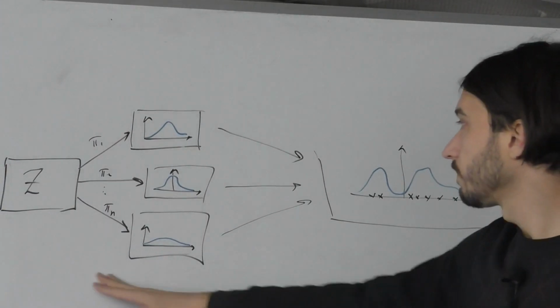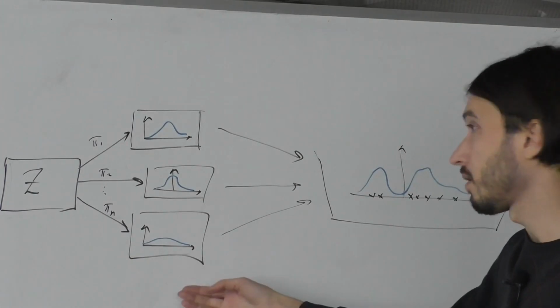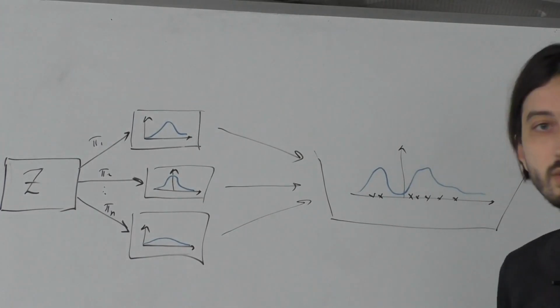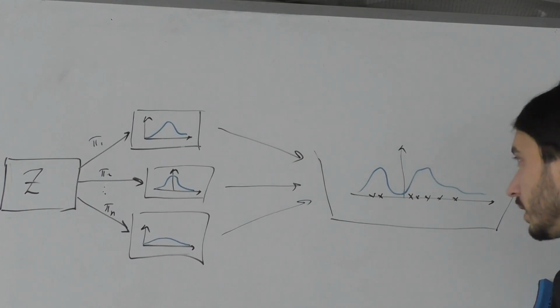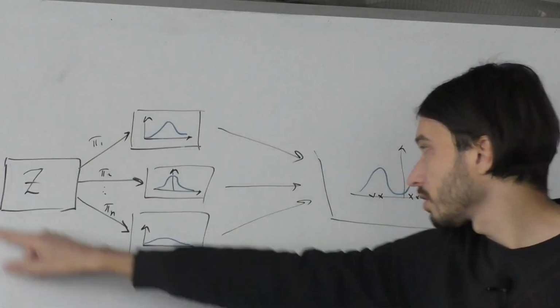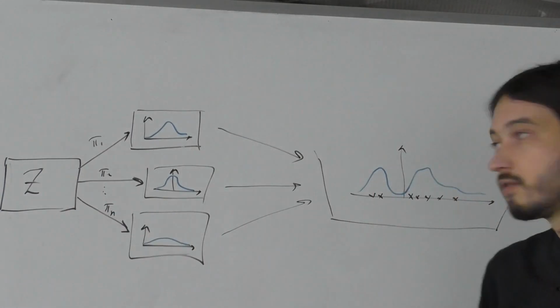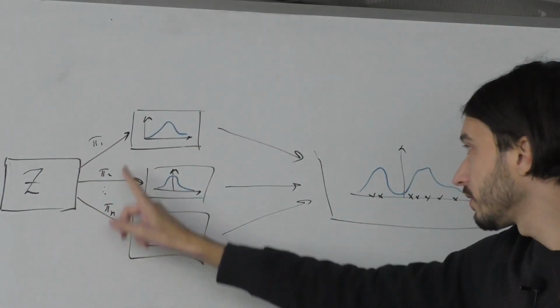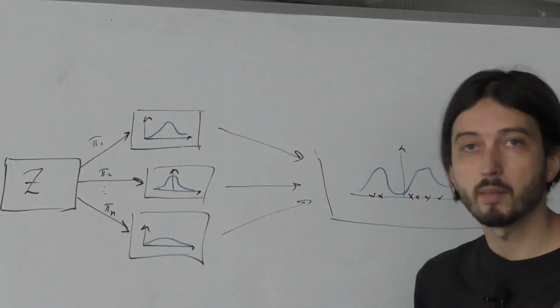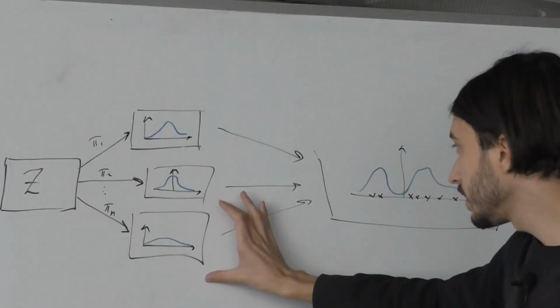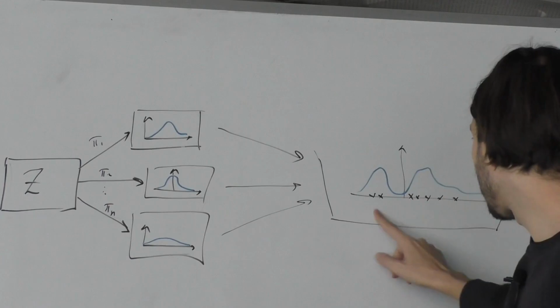So this will be our model, basically. We will be considering our data set as generated in this sort of way. We had some device that chose with different probabilities some different devices, and they have generated points for us.